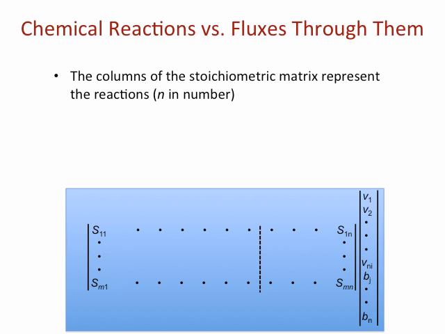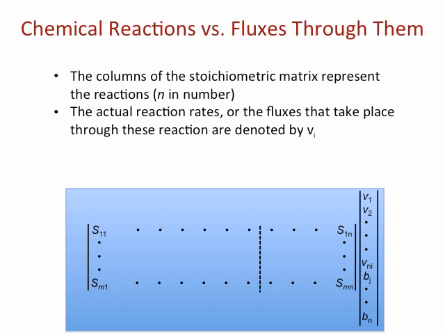These are the stoichiometric coefficients. They tell you which compound is being converted into what compound. The rate at which that happens is the number contained in the column of reaction rates. So v is actually the rate at which that reaction happens. It doesn't change the reaction itself, what's being converted to what, but it tells you the rate at which it happens: how many moles per volume per second are being processed through that reaction.